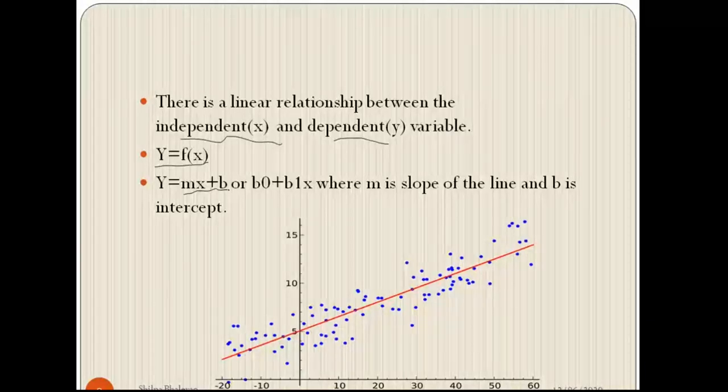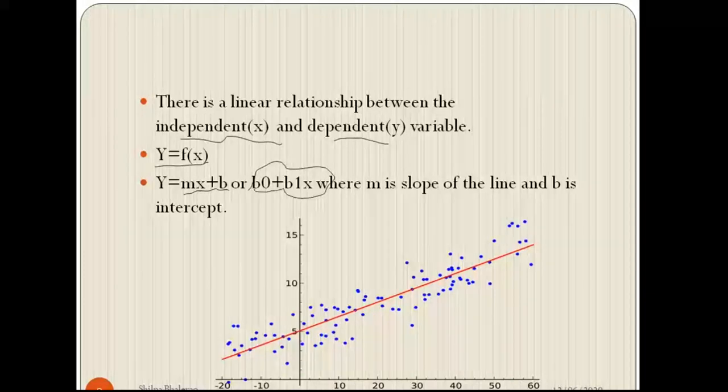M is the slope of the line and b is the intercept. In machine learning, we represent it as b0 plus b1 x. These are the parameters which need to be tuned. So b0 is the intercept, and b1 is the slope of the line.